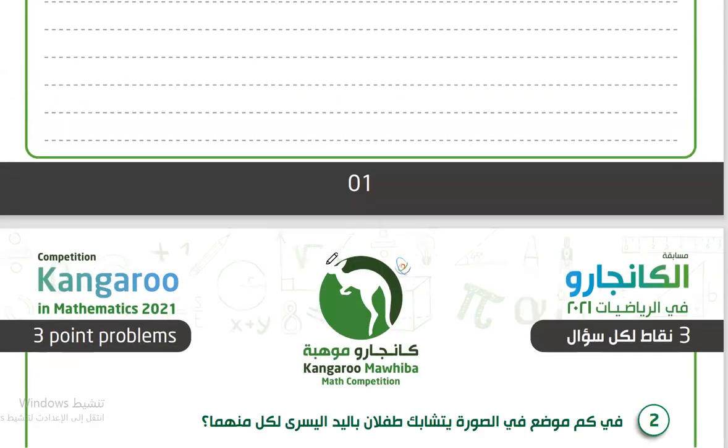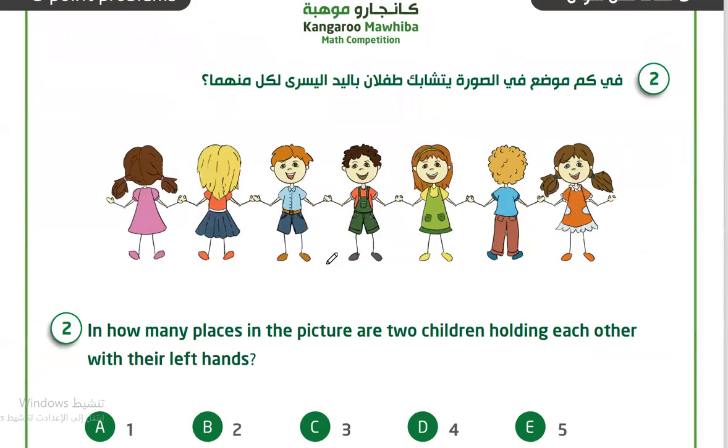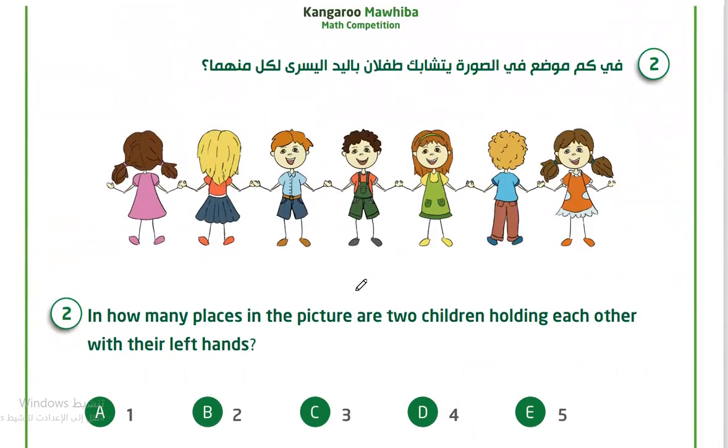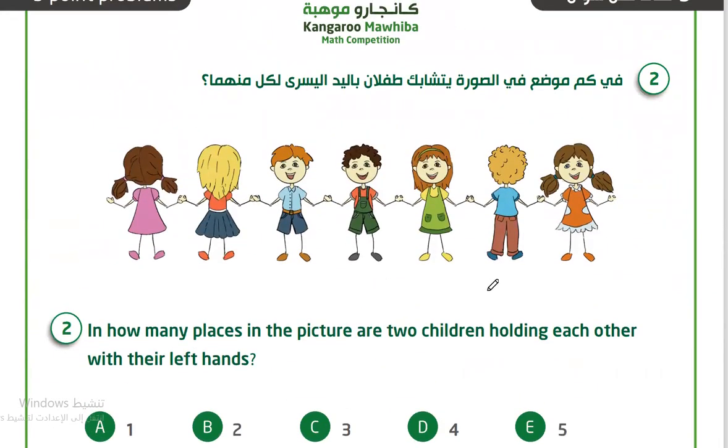Okay, we will go to question number 2. In question number 2, it says, in how many places in the picture are 2 children holding each other's hands with their left hand? So here they want us to find with their left hands. They want us to find 2 children holding, but it's left hands. So how are we going to find this?